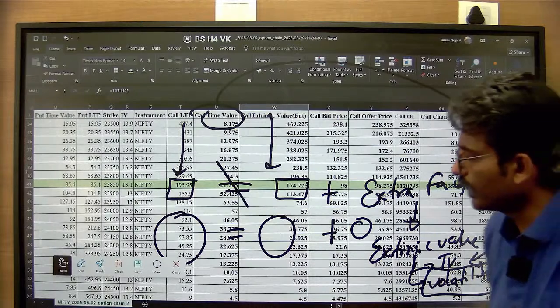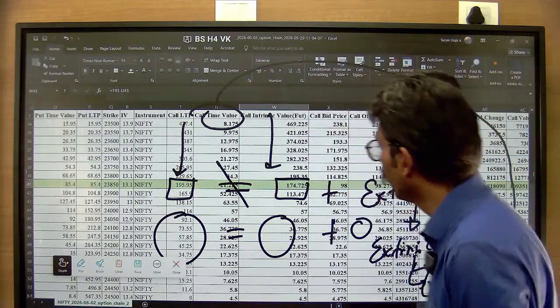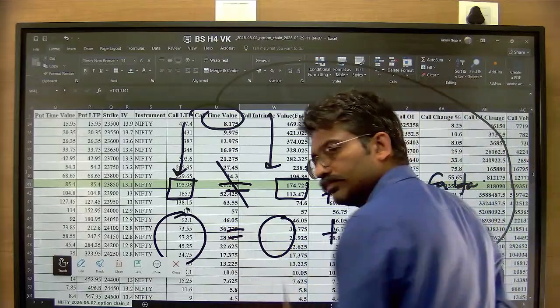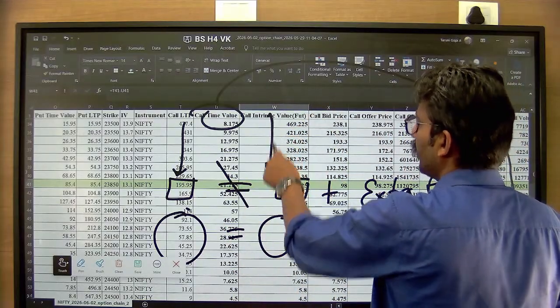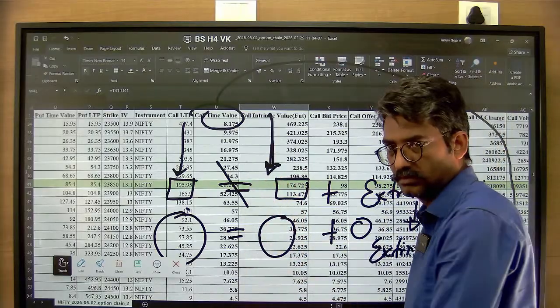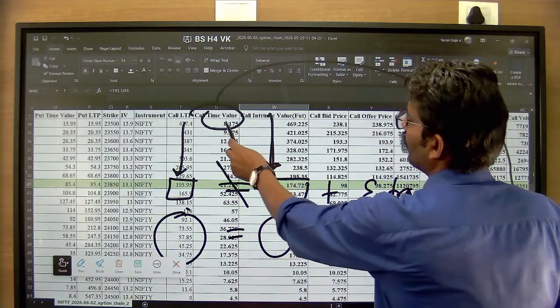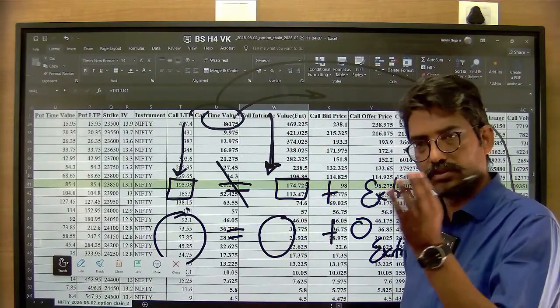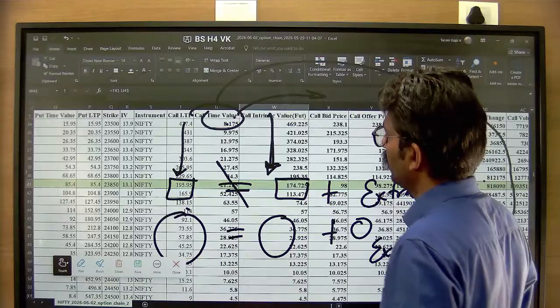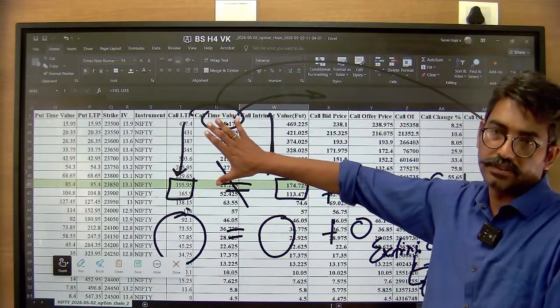So the exercise that we'll do is, we have the LTP given, you have the intrinsic value given, the time value is given, but in this both are included. Volatility is also included and time value is included. So we will split it into two components.